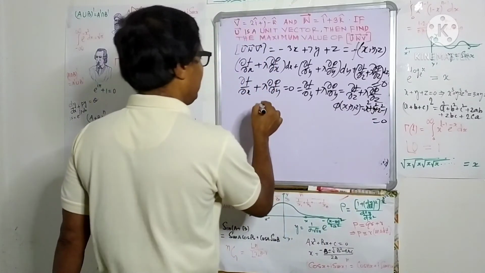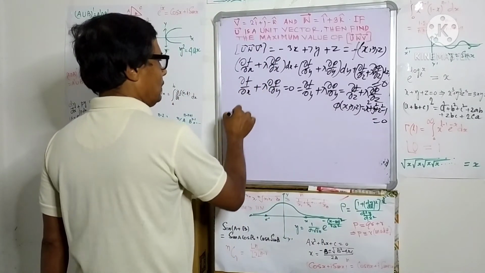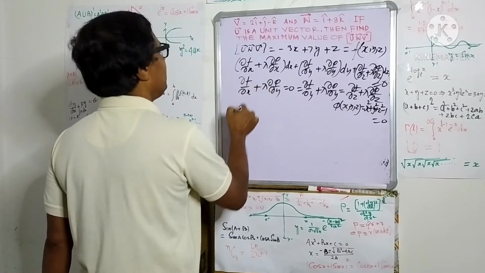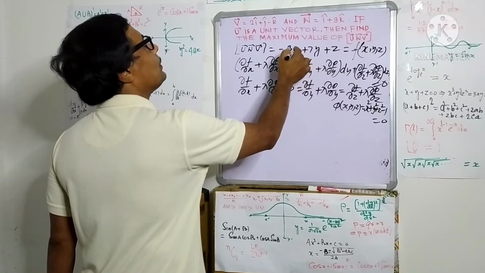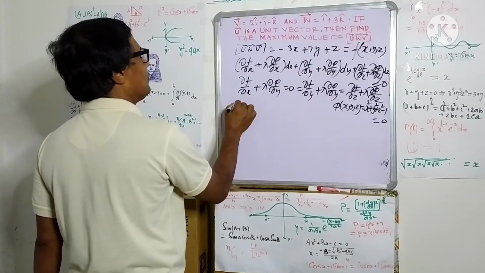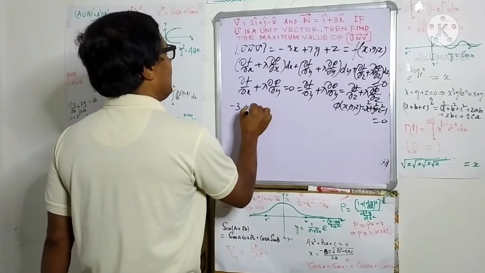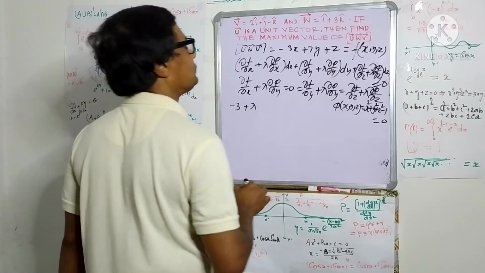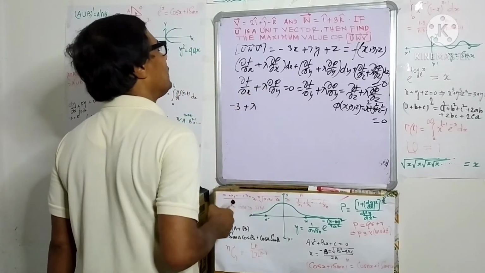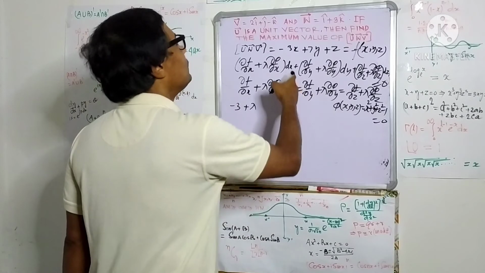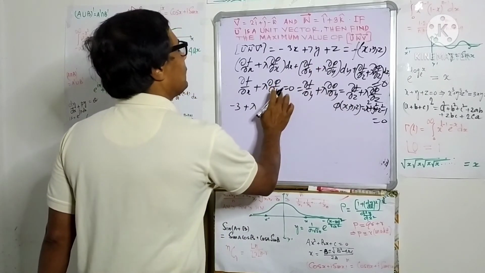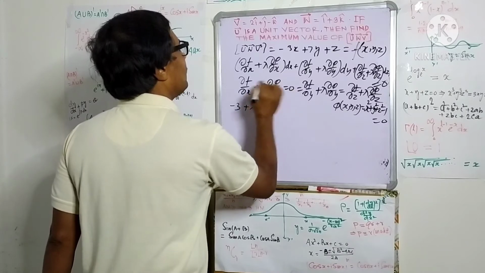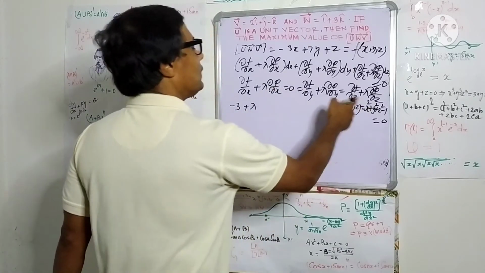So, ∂f/∂x = −3, plus λ ∂φ/∂x, and ∂φ/∂x = 2x.